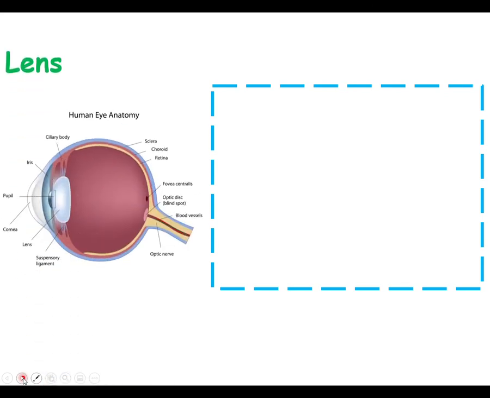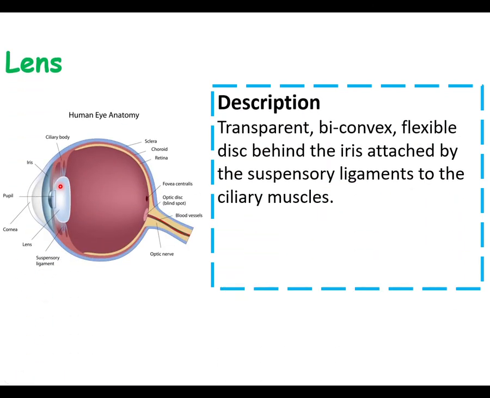So the lens itself. The lens is this transparent biconvex, so it curves out on both sides, flexible disc. It's attached behind the iris by the suspensory ligaments of the ciliary body. It likes to be spherical. If you leave it in its relaxed state, it'll blob out into a sphere, but you can pull on it and make it a disc shape, but it does generally like to be a sphere.